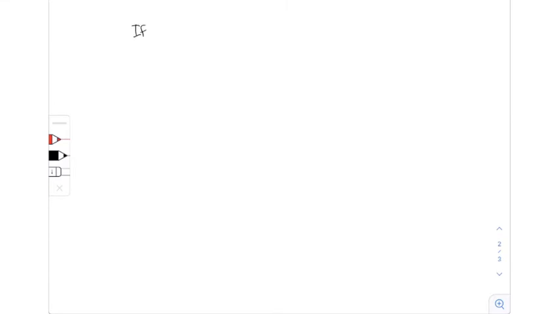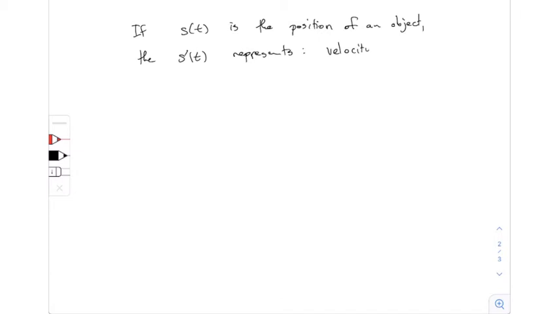So if s of t is the position of some object moving around over time, then s prime of t represents, anyone remember this? This would be how fast the position is changing. Yeah, that's what they call the velocity. How fast the position is changing is just like how fast the thing is going, right?